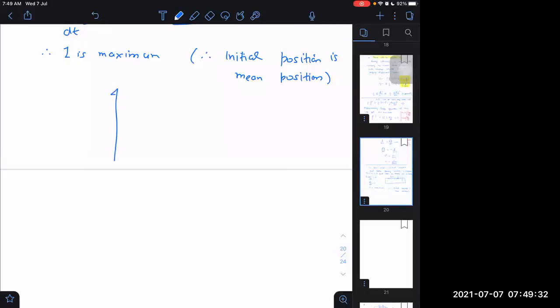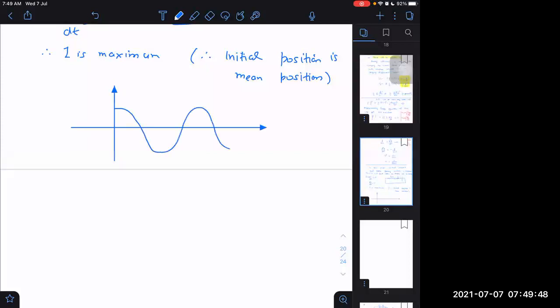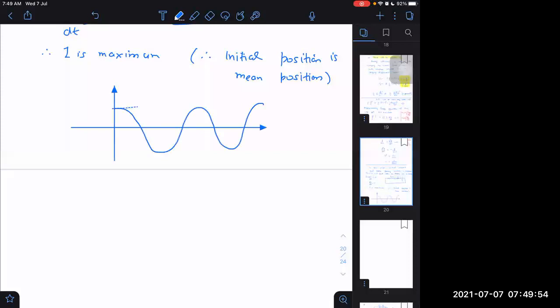If initial current is maximum, don't you think the current is very simple to tell now? I can plot the current graph also. If it is maximum, it will finally become minimum in between, and then it will become maximum on the other side. I can make a graph like this, right or not? Yes, sir. Cosine graph. I know this will be a sinusoidal value.